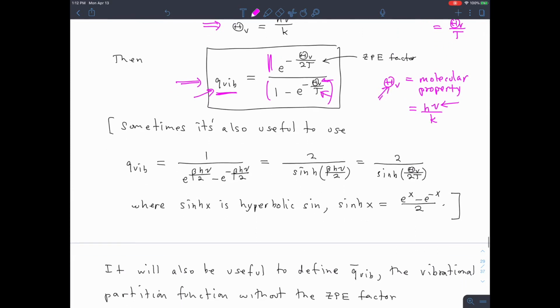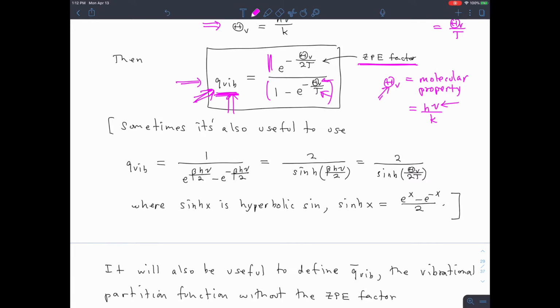All right, now, that's the full vibrational partition function, but it turns out that this zero-point energy factor complicates the interpretation of our vibrational partition function. Normally we think of partition functions as counting the available microstates, and that's how we've interpreted both the rotational and the translational partition functions before this.